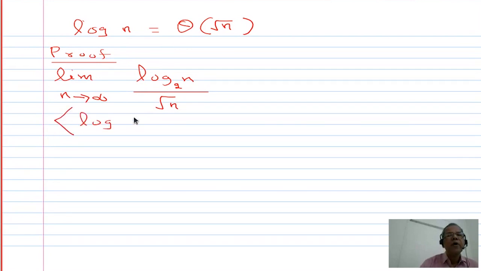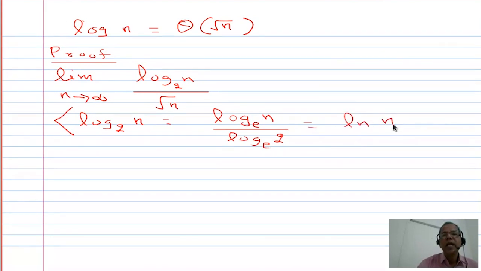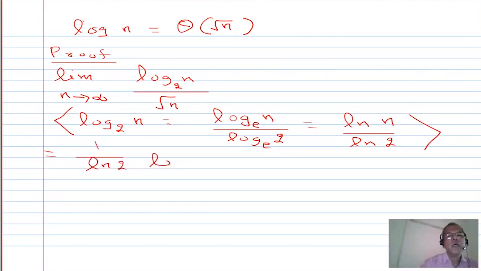Log of n to the base 2 can be written as log n to the base e over log 2 to the base e, which is ln n by ln 2. Using this, I can write this as 1 by ln 2 times the limit as n tends to infinity of ln n by square root of n.